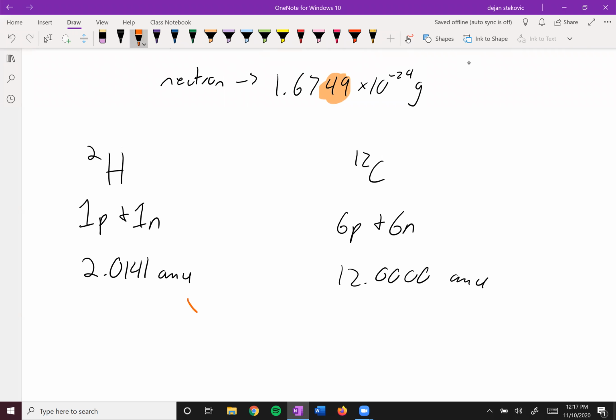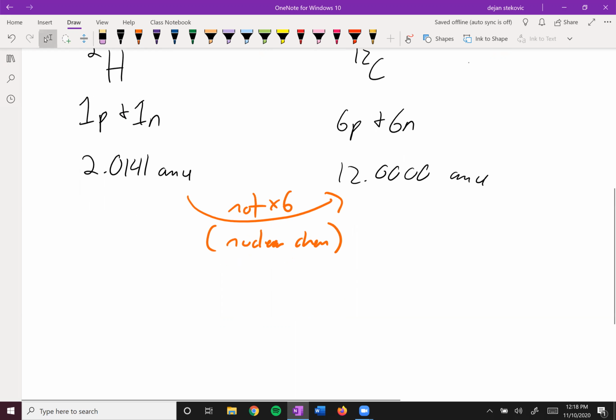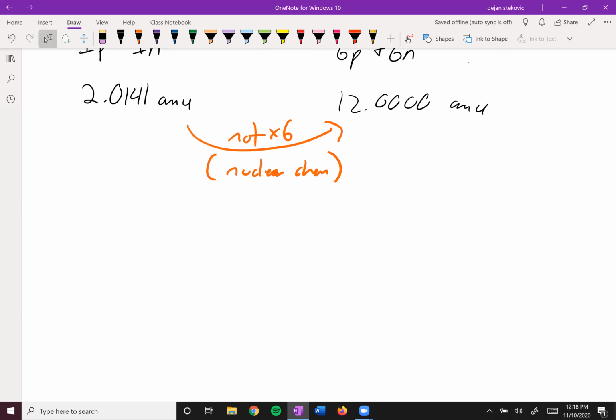And so if you think about going from this to this, even though it has 6 times the amount of protons and neutrons, it's not multiplied by 6, right? If you multiply this 2.0141 times 6, you get a number that's actually larger than 12, right? The reason for this has to do with energy and mass conversions and really nuclear chemistry. We won't touch on it, but I can show you some playthroughs if you're interested in that.